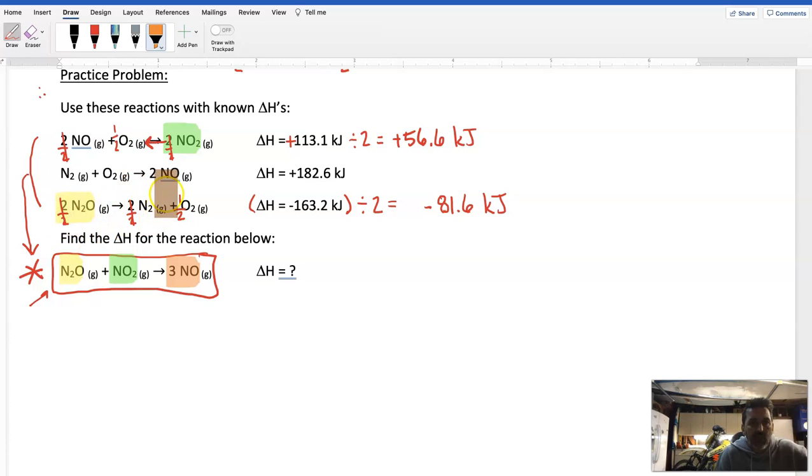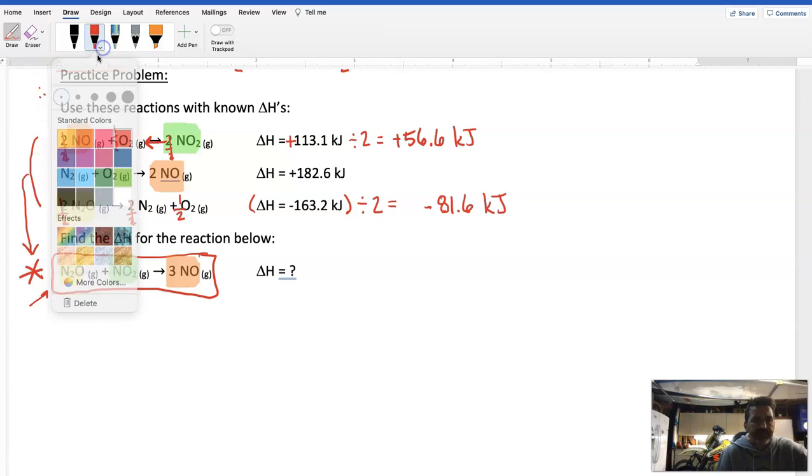Well, I actually see 2 of them right here, and they're in the products. So that's good. And then I see another NO right here that's actually in the product because I flipped the arrow. So when I add these together, I'm actually going to get 3 NOs in the product, which is what I want. So I'm not going to do anything to this equation. I'm not going to do anything to that one. I'm going to leave it just the way it is.